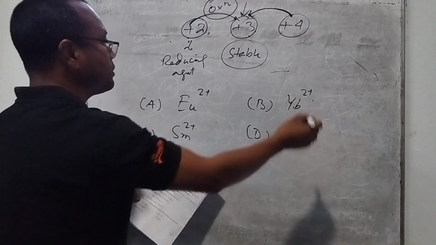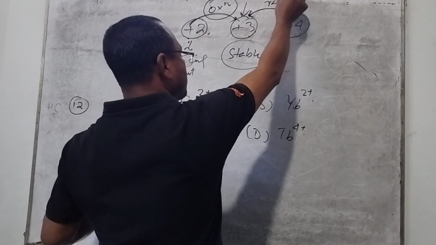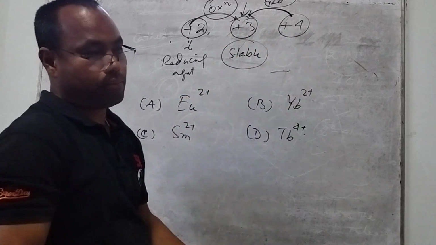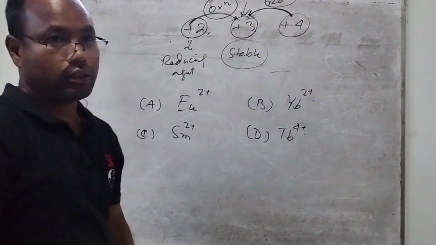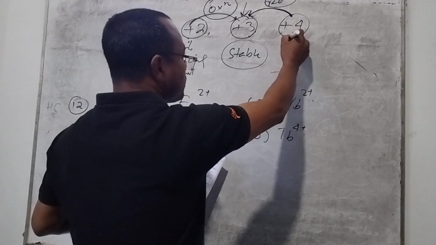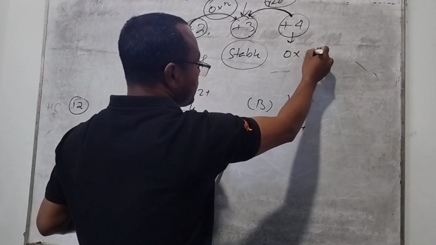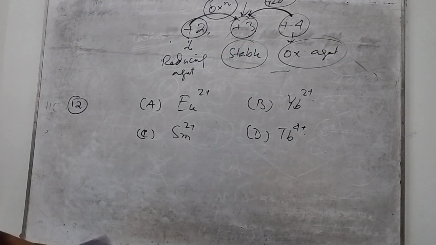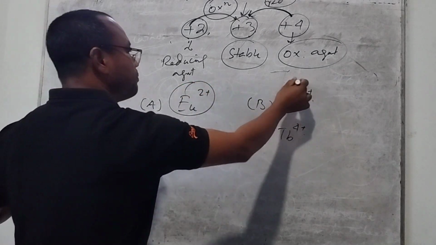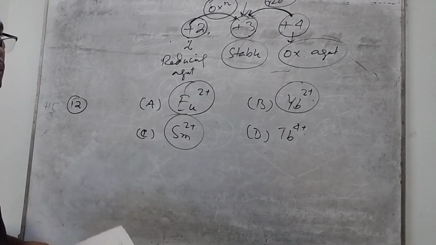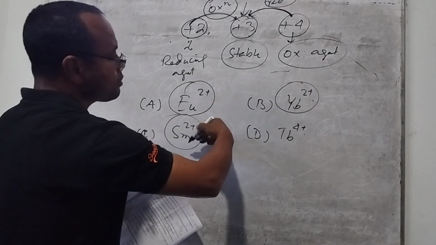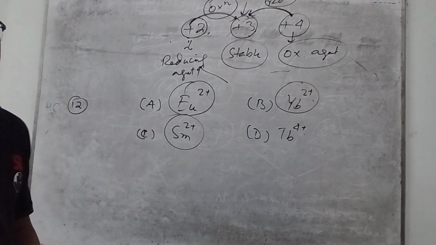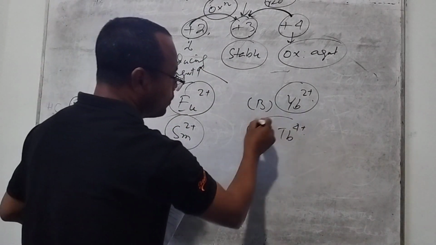What is that reaction? That is reduction. Reduction means a decrease in the oxidation number. So +4 can be reduced. Those species which undergo reduction are oxidizing agents, right? In the given question, all these three are 2 plus, that means +2 oxidation state, so they belong to reducing agents.